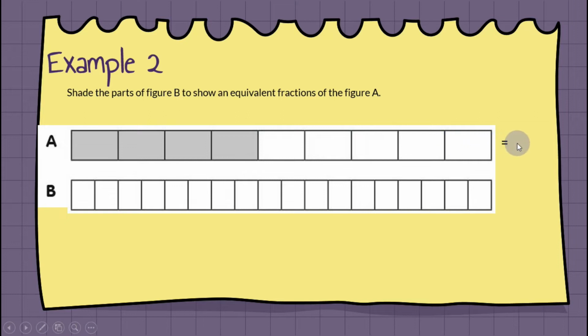So the fraction of the shaded part is 4/9. The figure B. We are going to find the equivalent fraction of 4/9 on figure B.